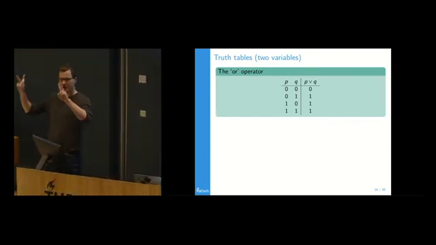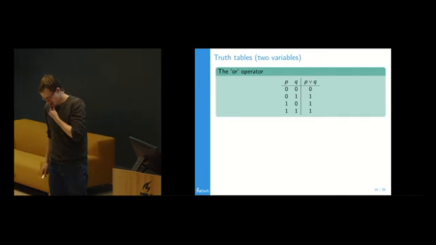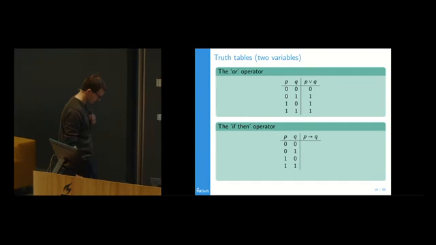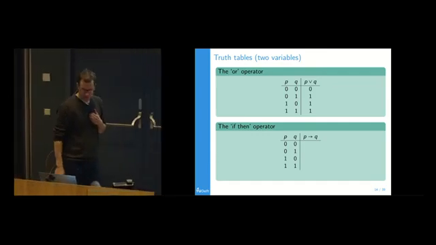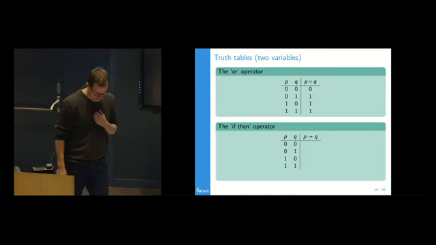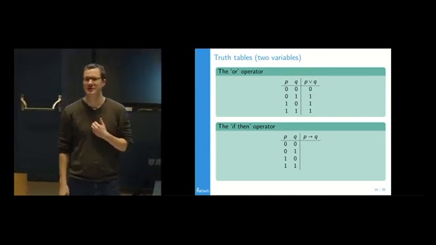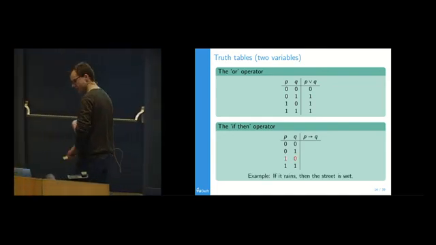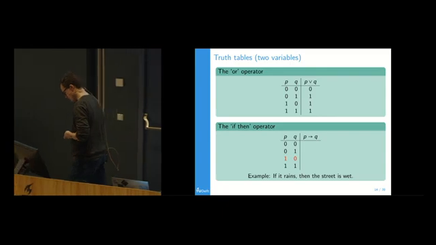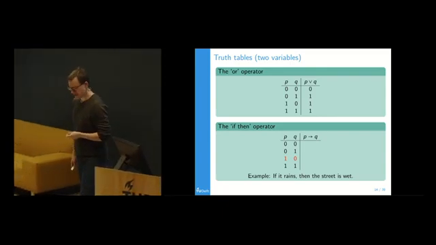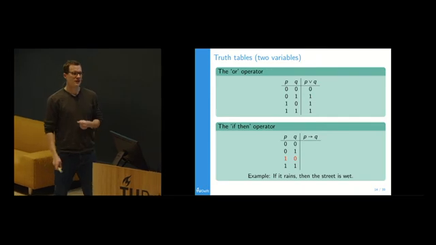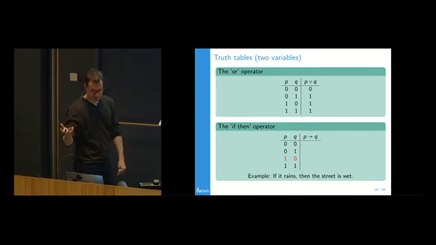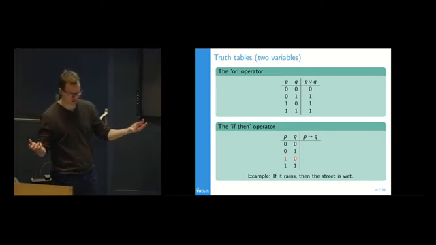And now for the last one of today, the implication. P implies Q. Now, although I hate to admit it, an English sentence can probably help us out. So as an example, let's take another classic example from logic. If it rains, the street is wet. Now let's take a look at the scenario highlighted in red. In this scenario, P is true, so it's currently raining, but the street is not wet, because Q is false.